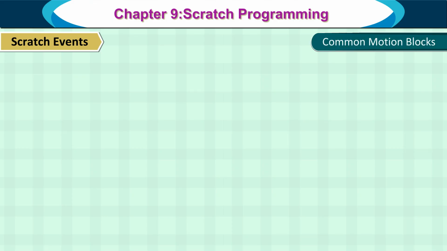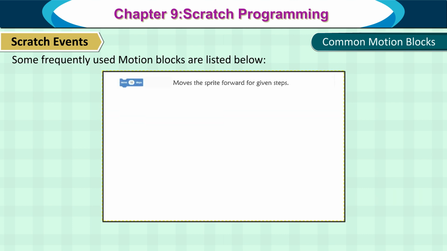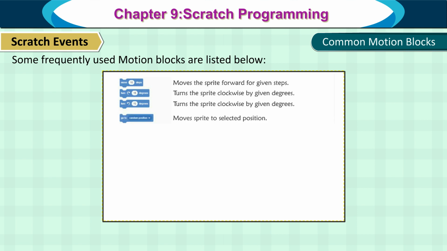Common motion blocks. Some frequently used motion blocks are listed below. Moves the sprite forward for given steps. Turns the sprite clockwise by given degrees. Turns the sprite clockwise by given degrees. Moves sprite to selected position. Moves the sprite to the given coordinates on stage.